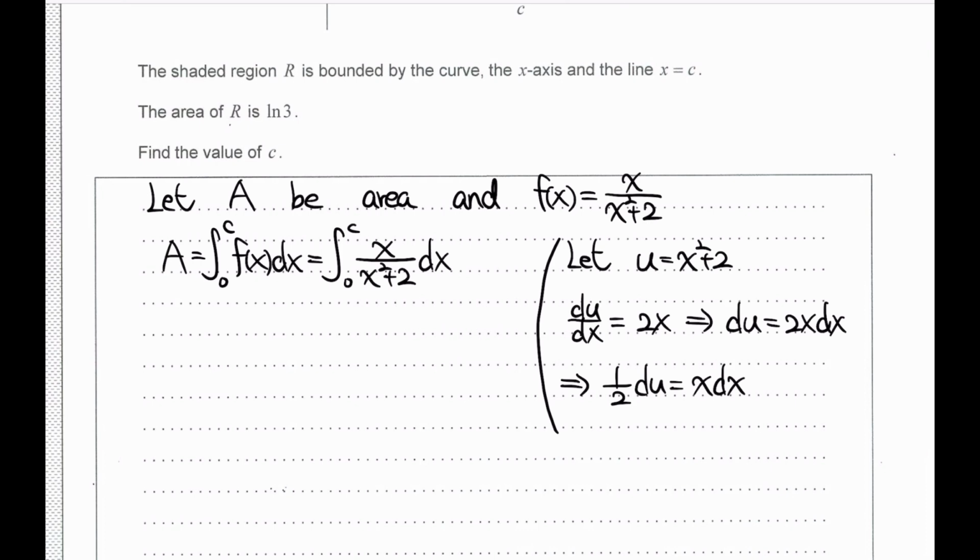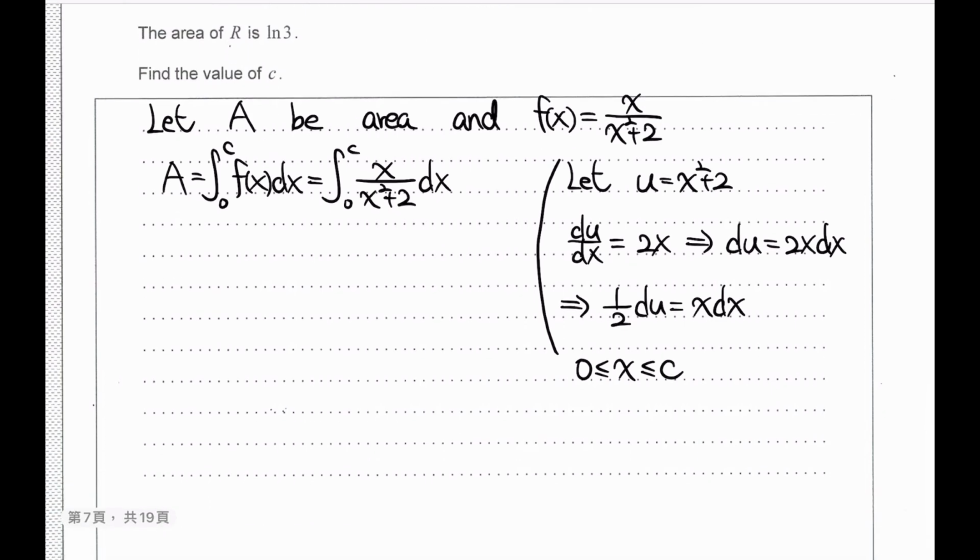Next, we want to find the range for the new variable u so that we can update our limits in the integral. Okay. First, we know that x is greater than or equal to 0 and less than or equal to c from the original limits of the integral. So 0 is less than or equal to x, which is less than or equal to c. Because u is equal to x squared plus 2, we want to make some transformation such that x squared plus 2 pops up in the inequality.